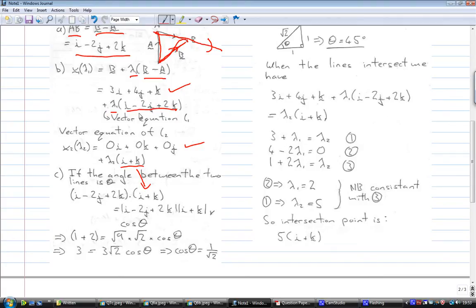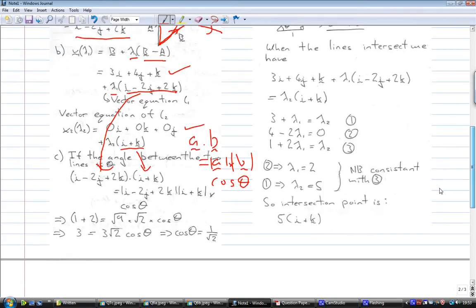That's the direction we want, so we put that there and there, and we're doing the dot product rule. All we're saying is a dot b equals mod a times mod b times cos theta.